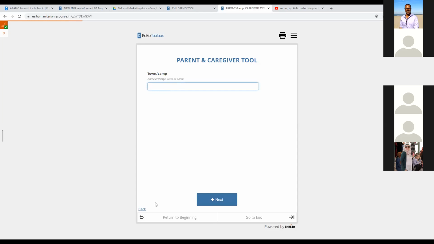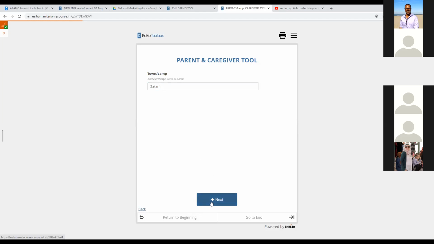If we are in Zaatari, we have our center in the camp. But if we are at any other governorate, we need to write Amman, where our base office is. Okay, so here we write the base office.